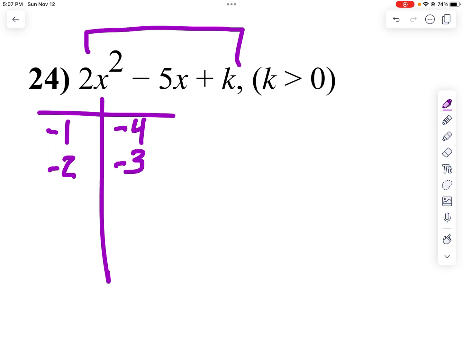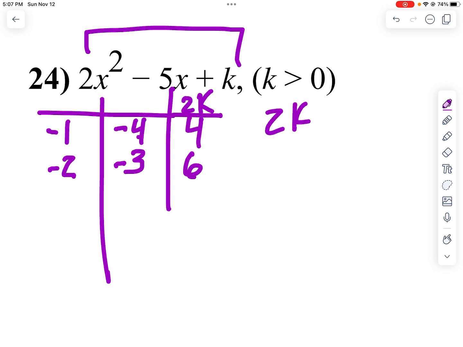So my value of 2k, remember we're not doing k, it's 2k, is going to be negative 1 times negative 4 is 4, and 6. So 2k equals 4, which means k would equal 2.